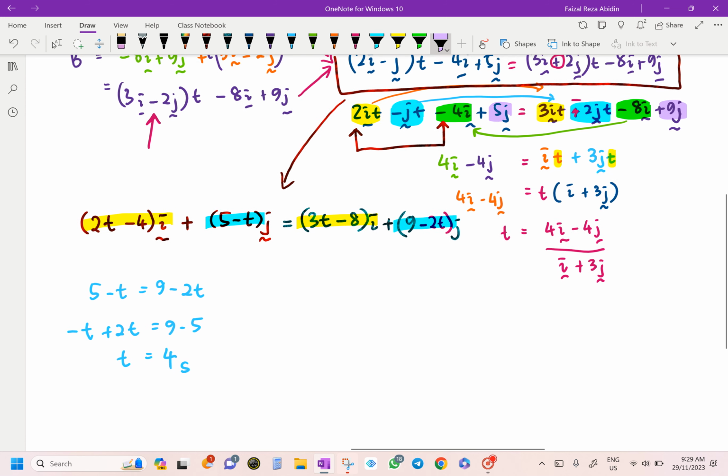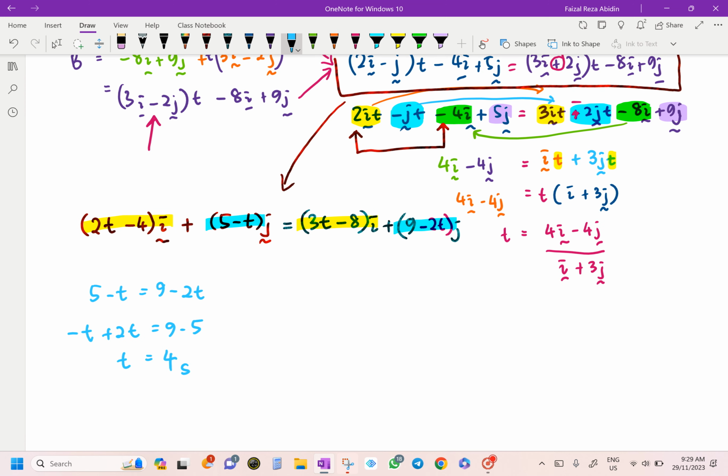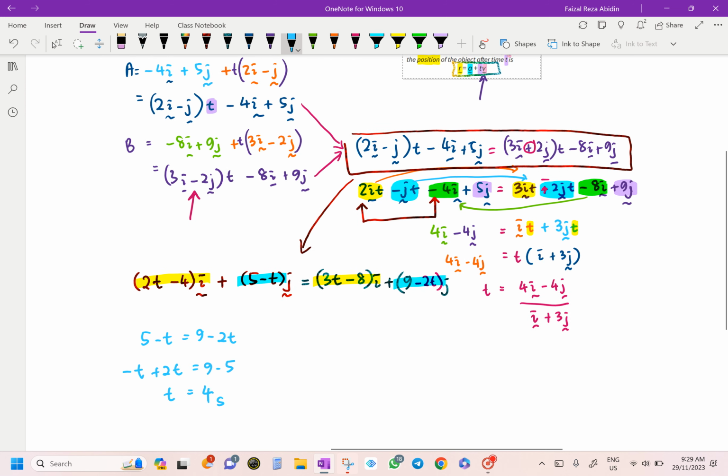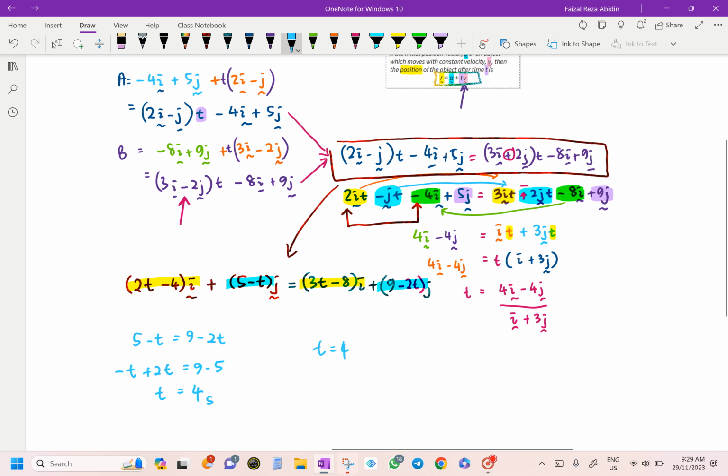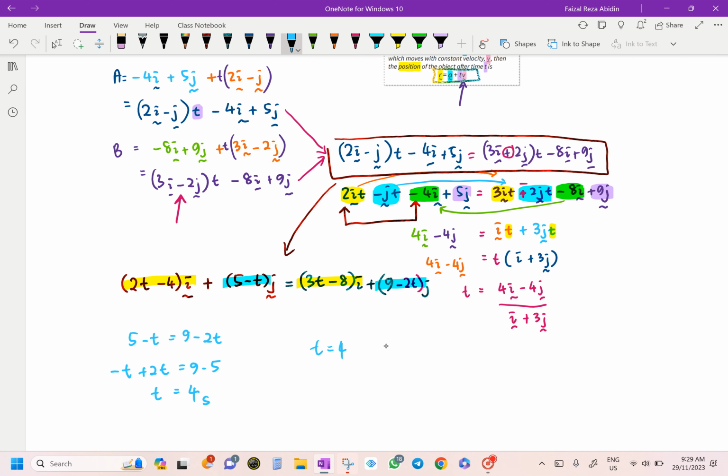Substitute lah. Partikel A dapat berapa? Kalau partikel A T equals to 4, kalau saya substitute dekat sana, saya guna partikel A, negative 4i plus 5j plus 2 times with 4.